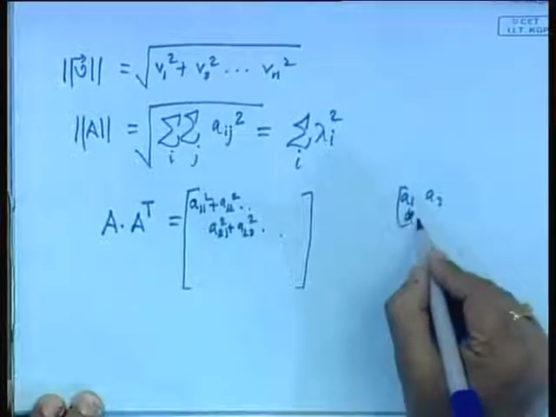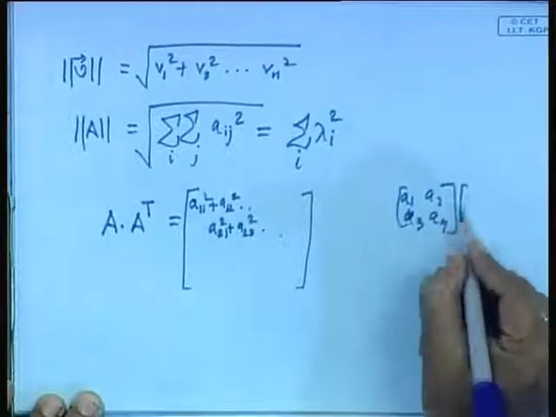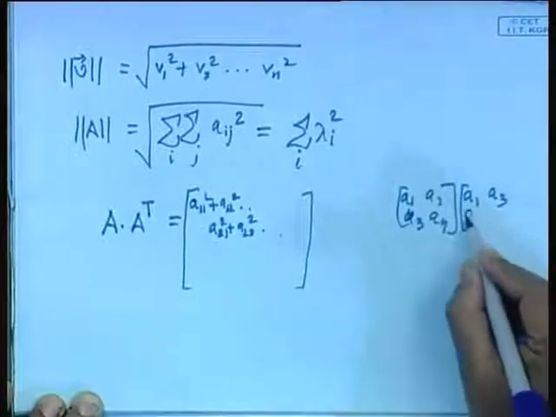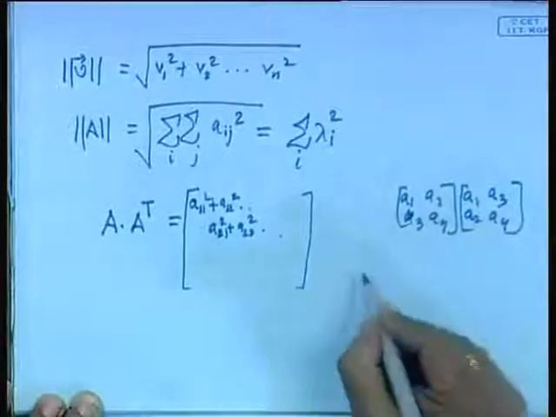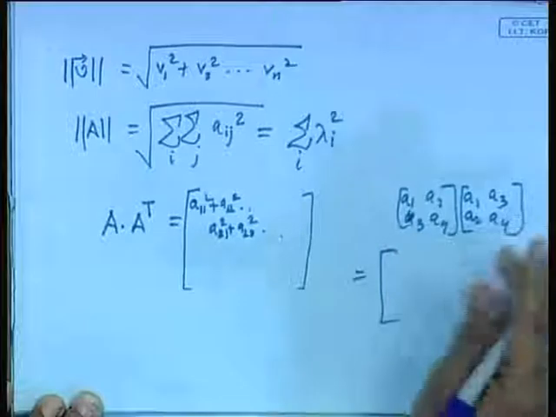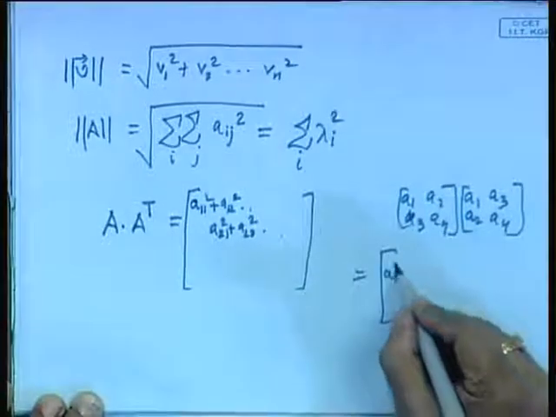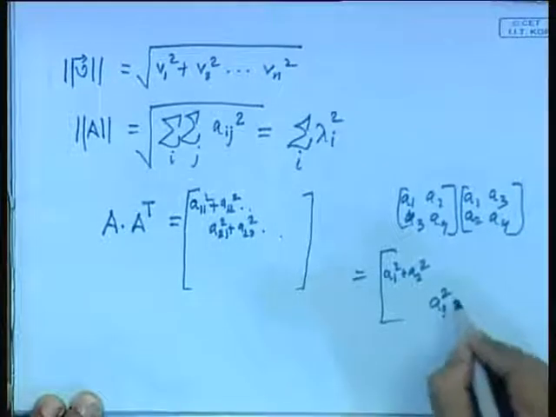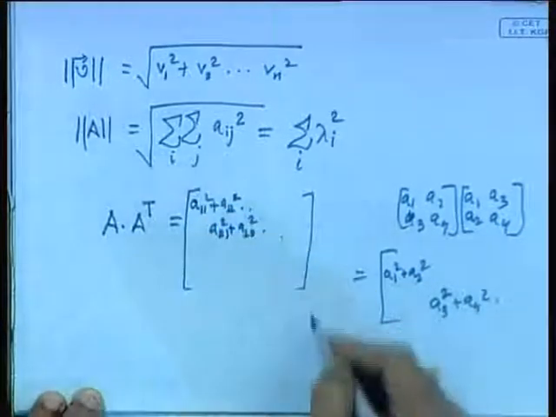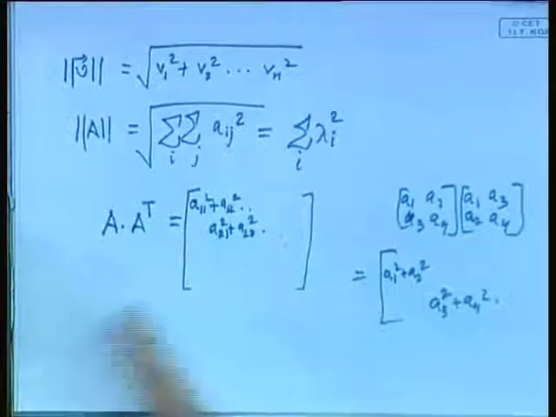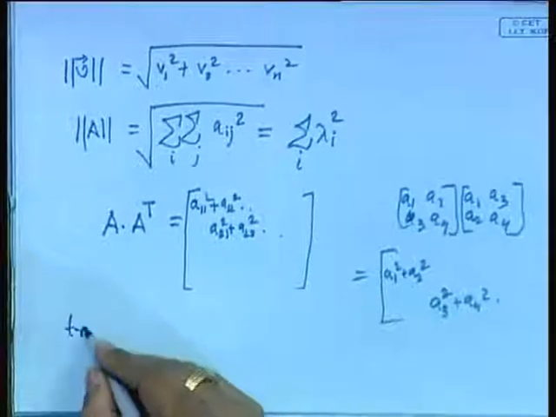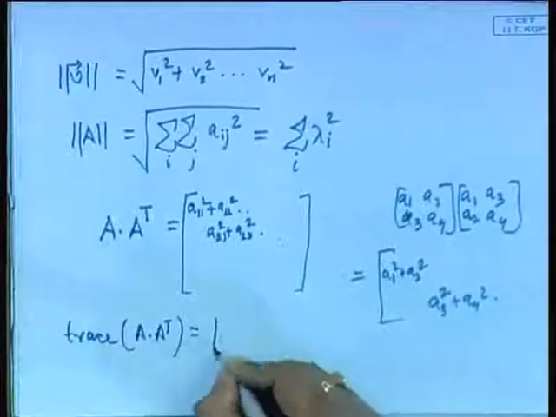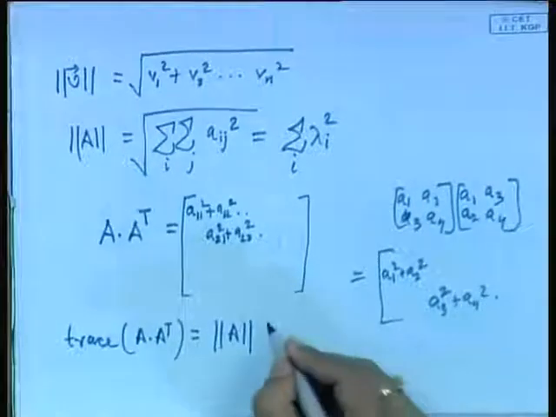A1, A2, A3, A4, and I take its transpose A1, A3, A2, A4 and multiply it. Then this is A1 square plus A2 square, and this particular thing is A3 square plus A4 square. So what will be the trace of this matrix A A transpose, which is the Frobenius norm square.